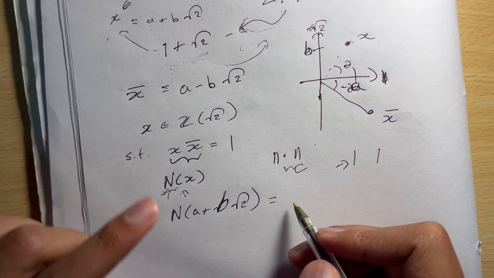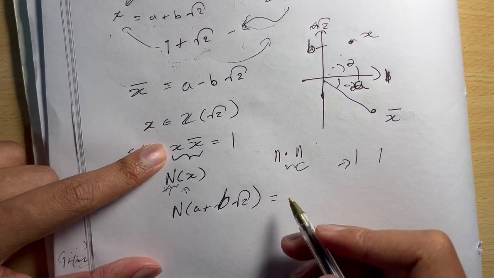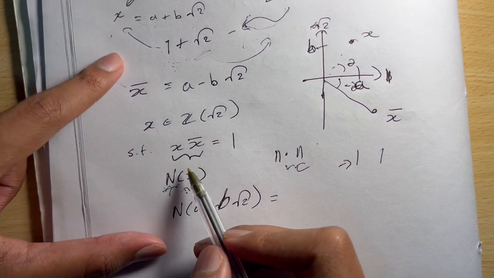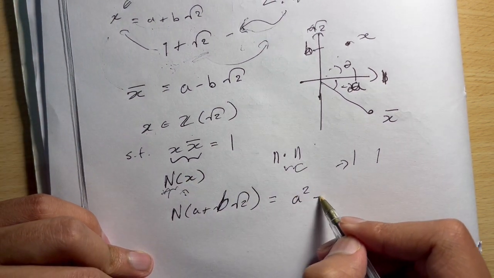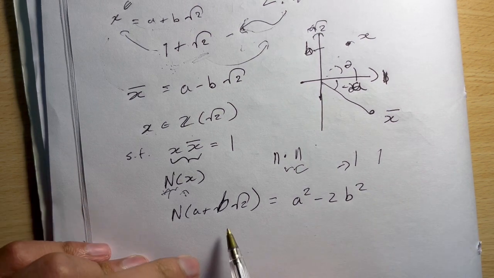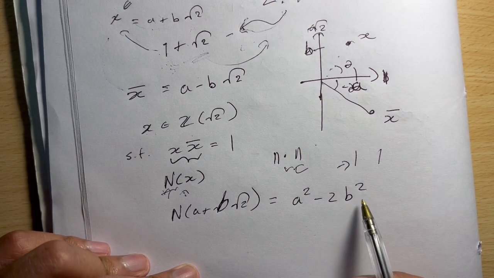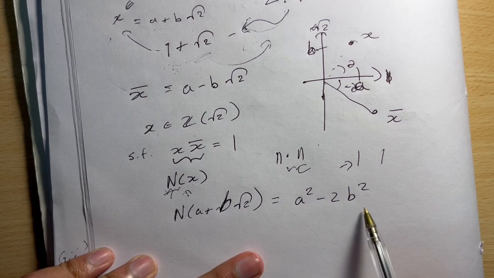So the norm of a plus b square root of 2 is, from the Pell equation, because we literally just wrote out the Pell equation in our fancy form, a squared minus 2b squared. If b is large enough, this whole thing will be negative.